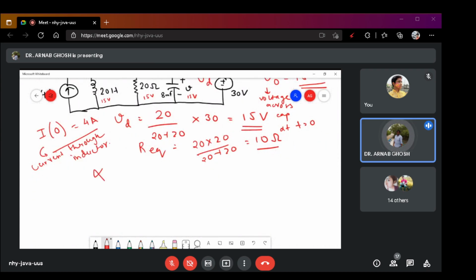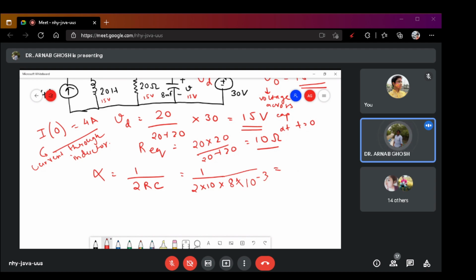Now you calculate alpha. That is 1 by 2RC. You put the values: 1 by 2 into 10 into 8 into 10 to the power minus 3. You calculate what alpha is.